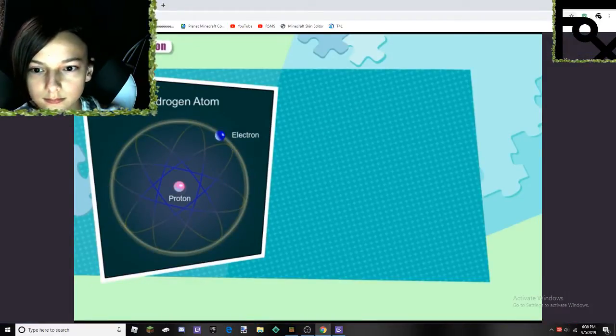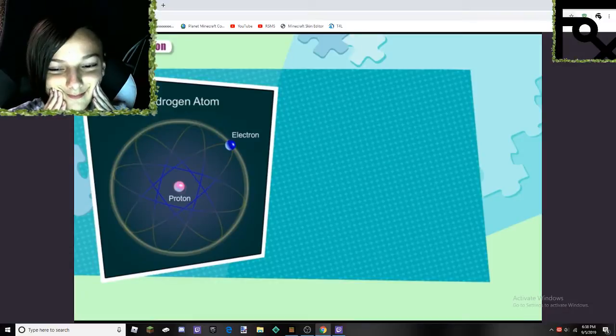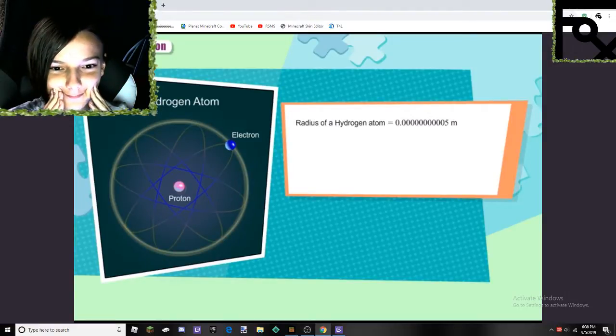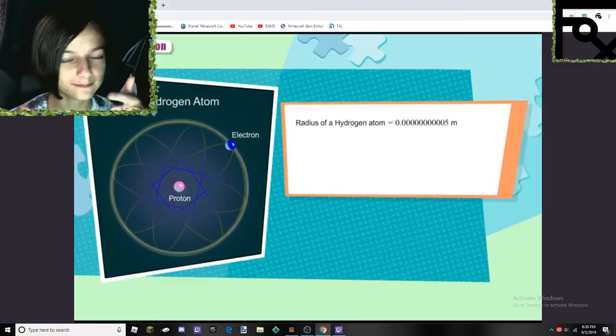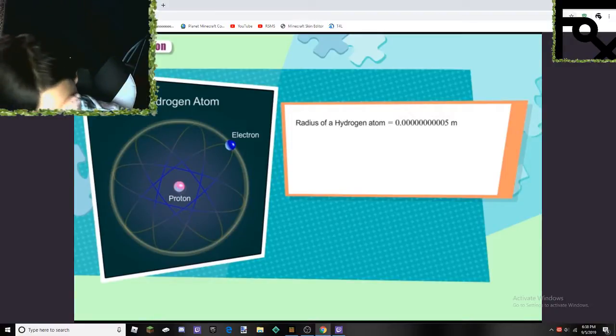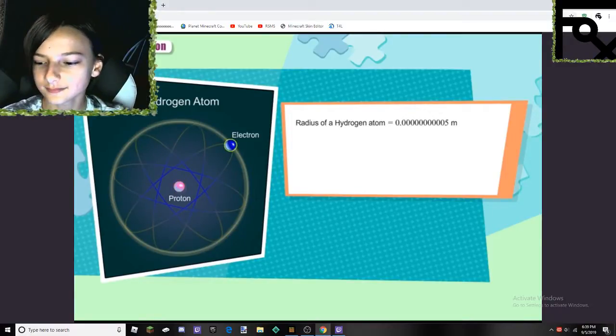Did you know that the radius of a hydrogen atom is about 5/100 billionths of a meter? That's 0.000000005 meters. Within a hydrogen atom are even smaller particles called protons and electrons.